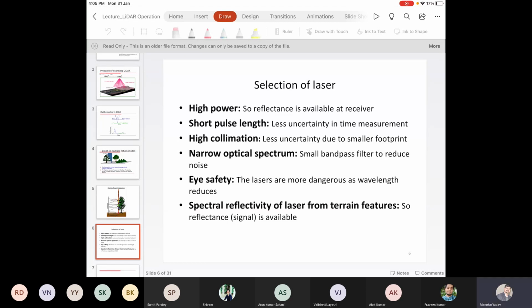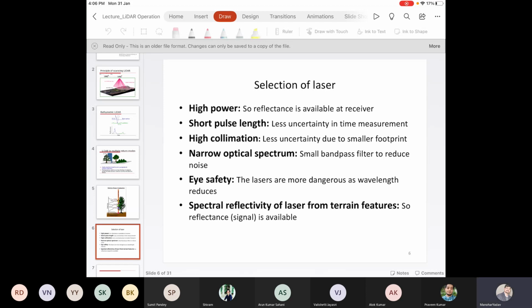Again, a narrow optical spectrum so that the effect of noise can be reduced. As we have seen in remote sensing, we sense a pixel, a ground area element, using a spectral band that has a bandwidth. If we talk about the red band, it has a bandwidth. In the case of laser, we want to generate the laser beam at one fixed wavelength, not a spectral band with a bandwidth.